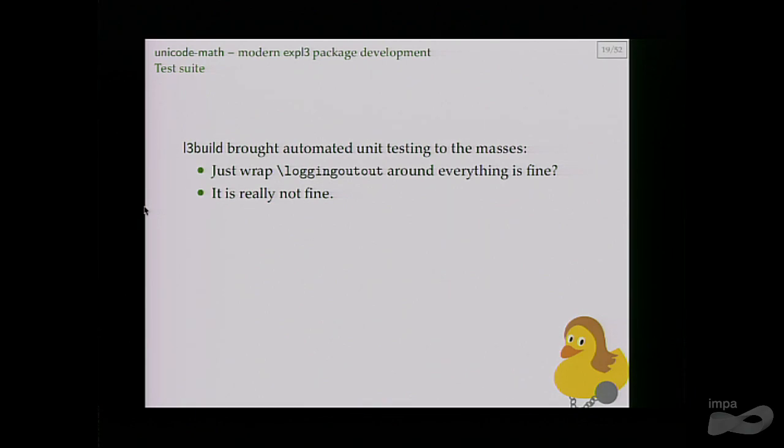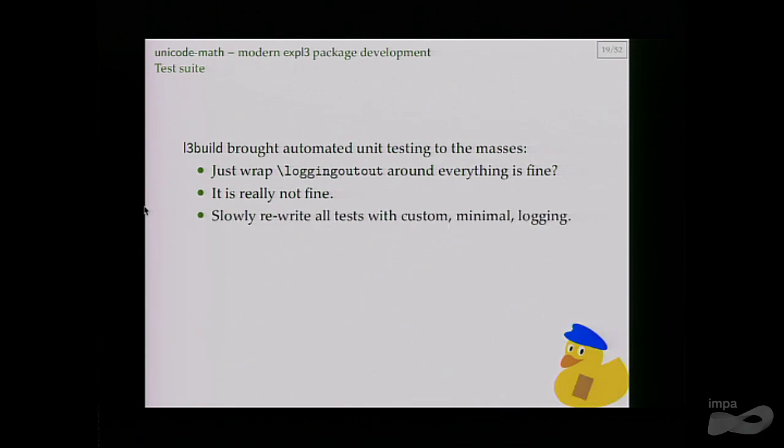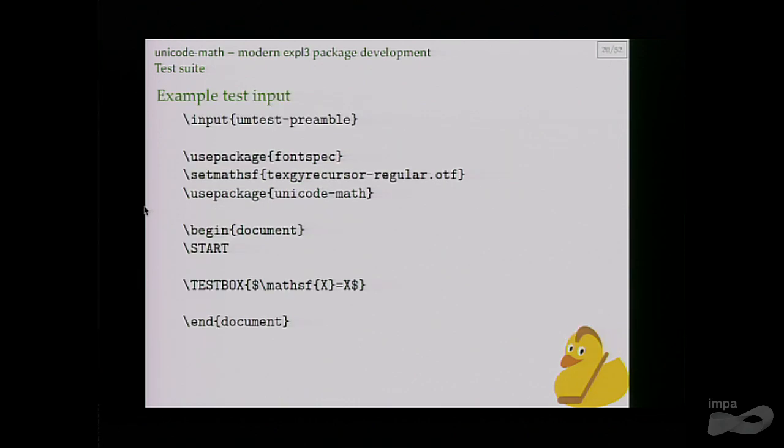And of course, when you are spitting out the contents of boxes willy-nilly into the log file, it's really hard to actually see what is supposed to be the important part in there. So I've been slowly rewriting all of my tests to only show very, very minimal aspects in the log file. And mostly that's been okay.